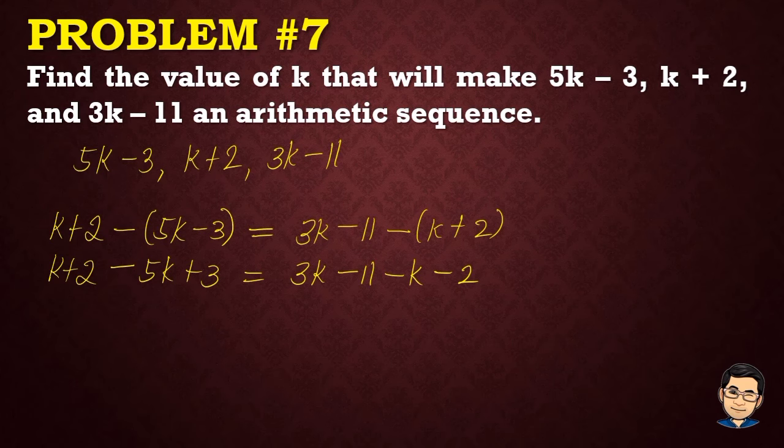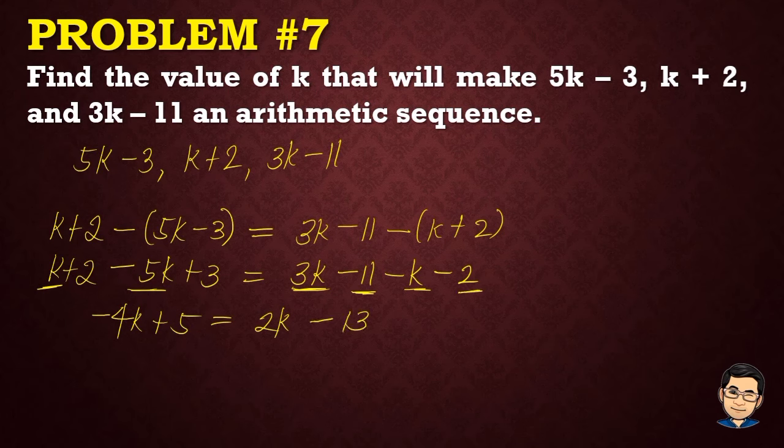Okay. So, and then, we combine like terms. K, saka negative 5k, magiging negative 4k. And then, 2 plus 3, that is 5. Then, 3k minus k, that is 2k. Negative 11 minus 2, that is negative 13.